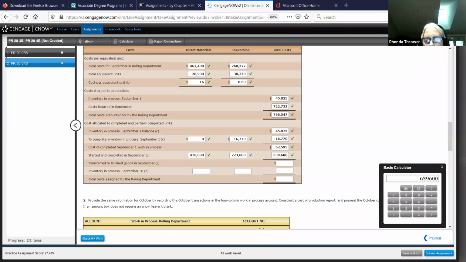And then you're going to add the cost of your beginning inventory units plus the cost of your started and completed units to get what you're transferring to the next department.